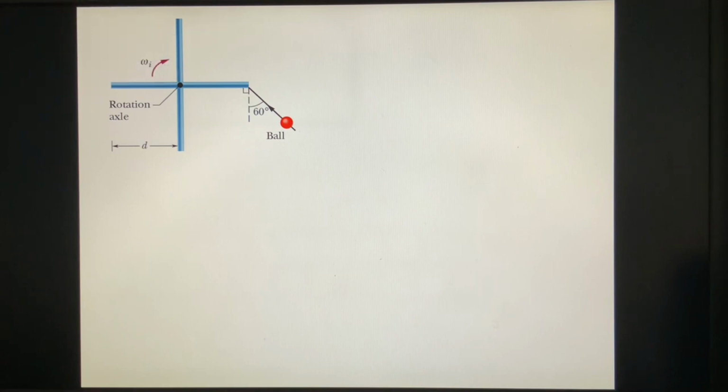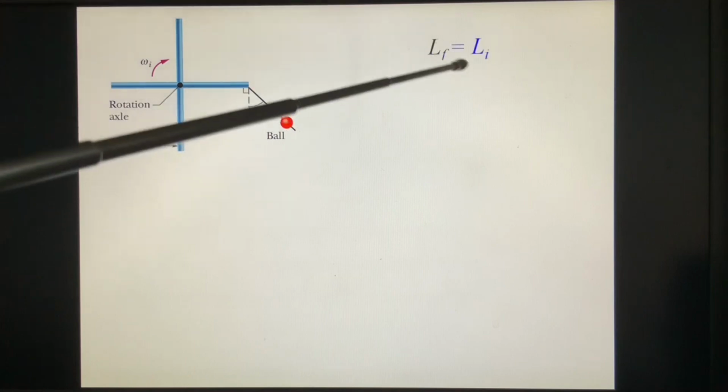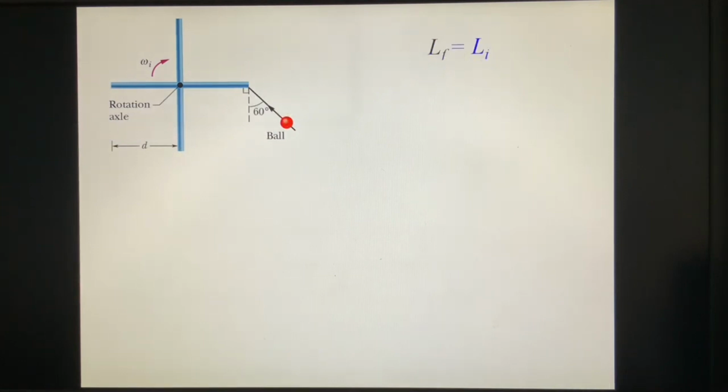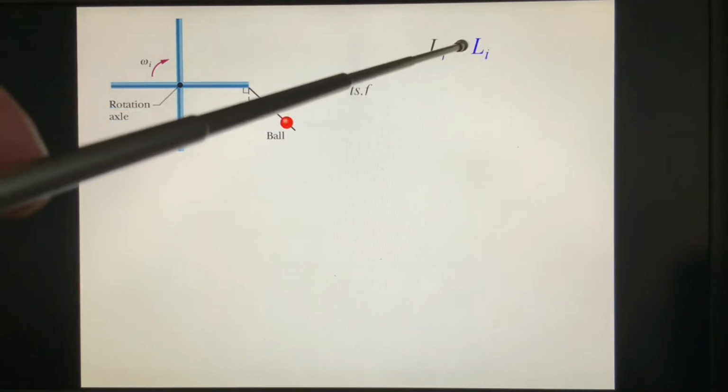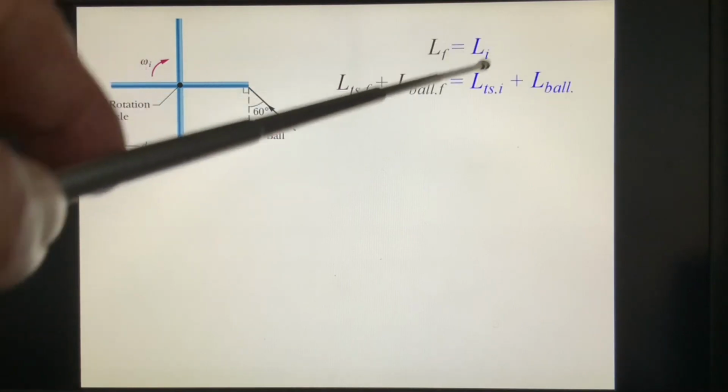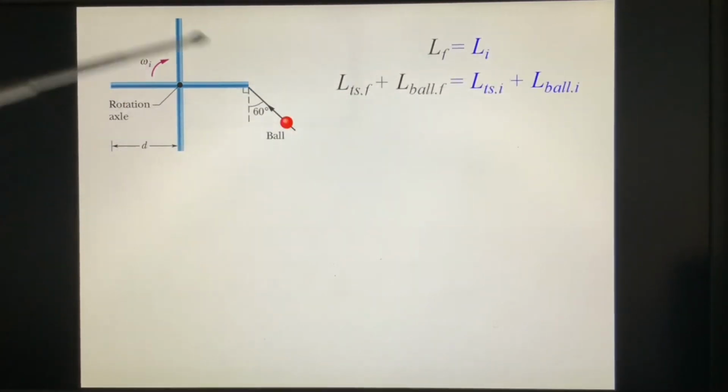So the total external torque equals 0. Then the angular momentum of the system is conserved. So we write it in detail. Initial, final. Finally, we have two: one is the turnstile, one is the ball. Initially, you also have two: the turnstile and the ball. And we write it down.